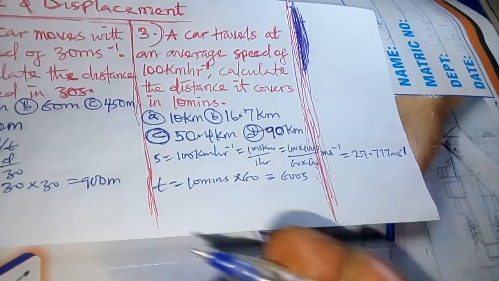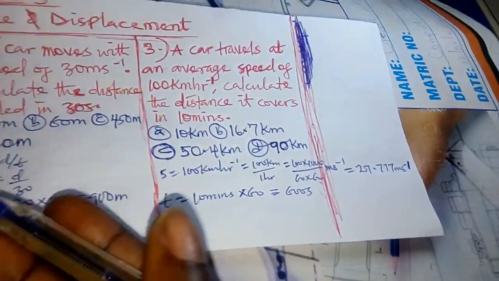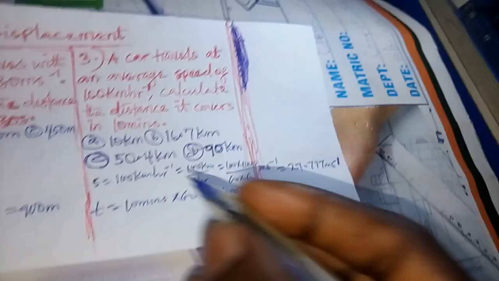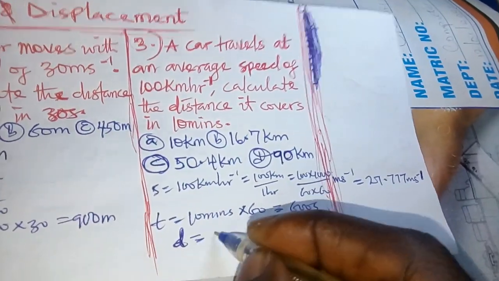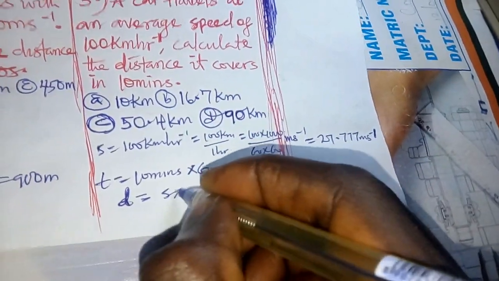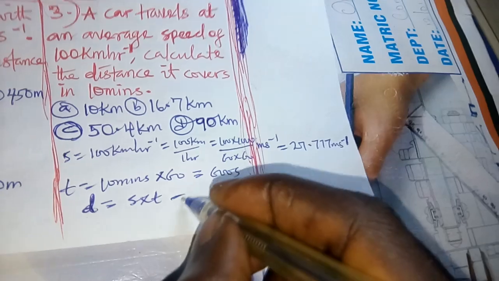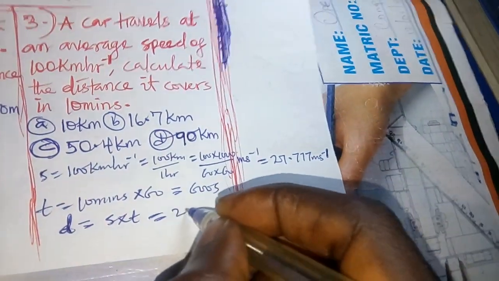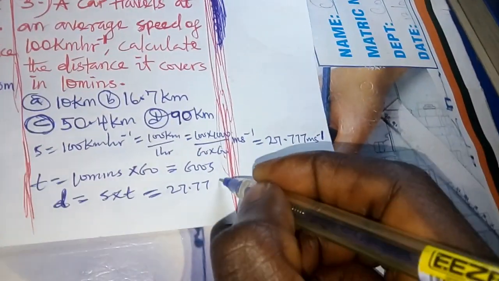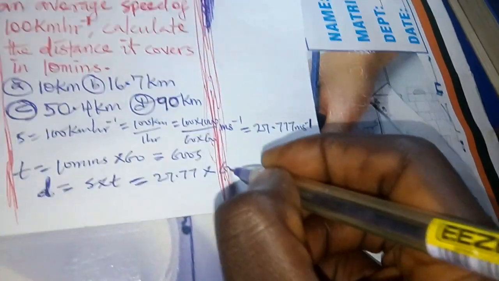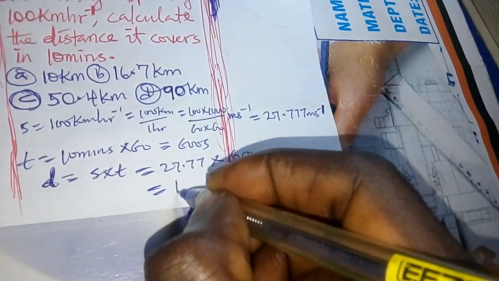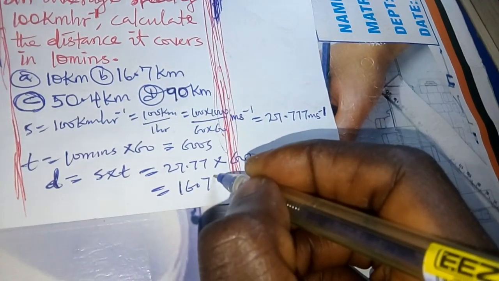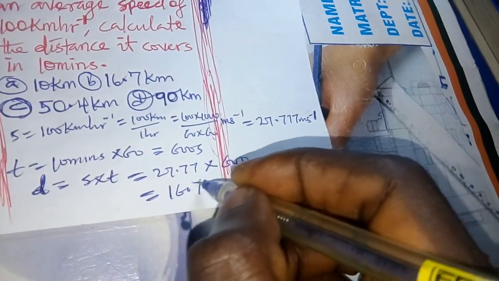To calculate the distance, it takes the formula of speed times time, as easy as that. The speed is 27.77, times the time, 600 seconds.